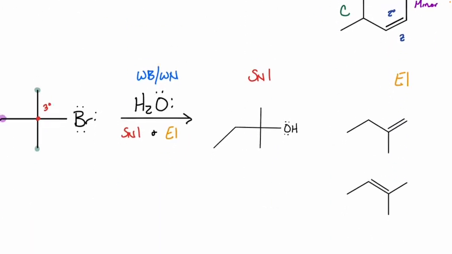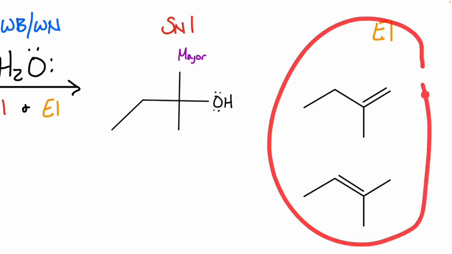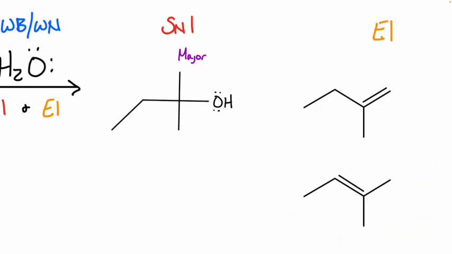So we're going to have 2 major products here. One substitution major product, our only substitution product. But out of these elimination products, which one's going to be my major elimination product? The tri-substituted one on the bottom.